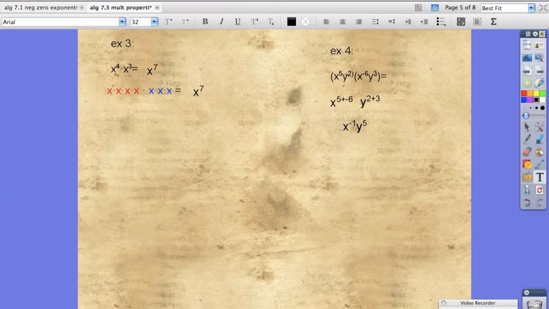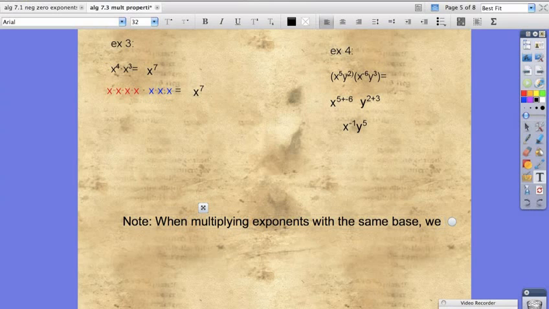So you definitely want to write this note down, that when multiplying exponents with the same base, we add their exponents and leave the base alone.